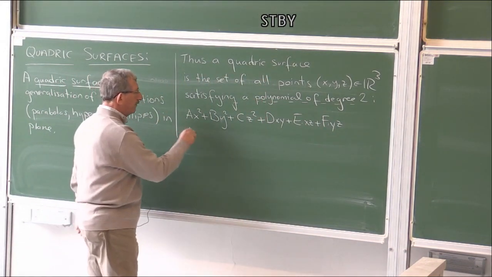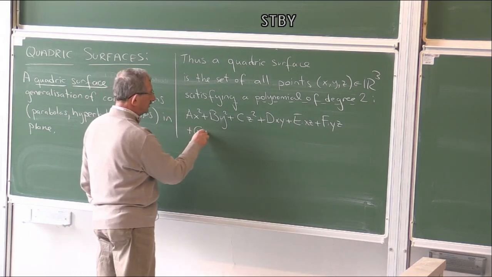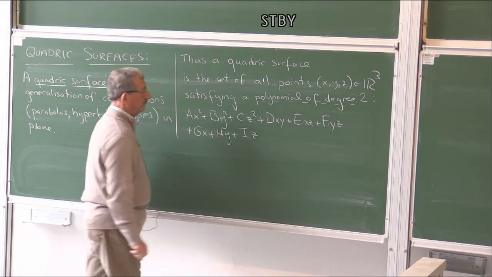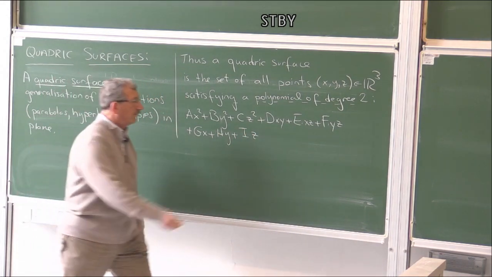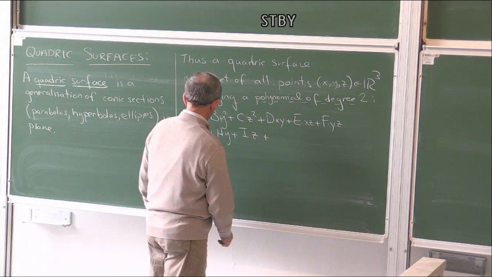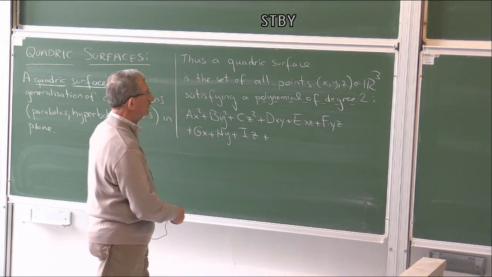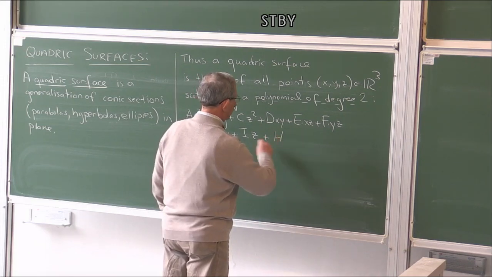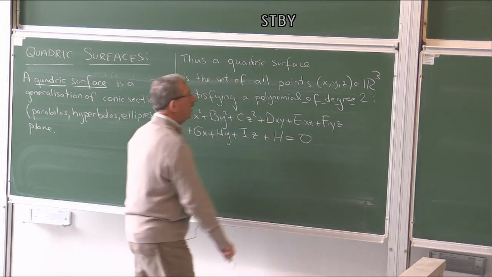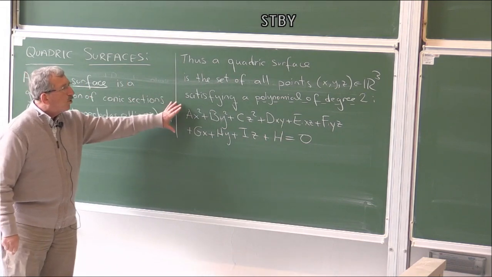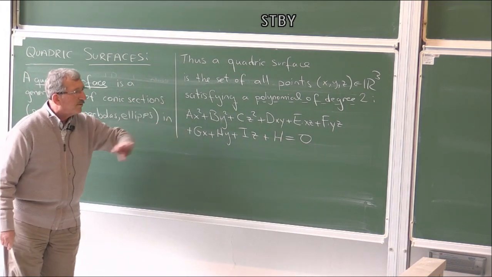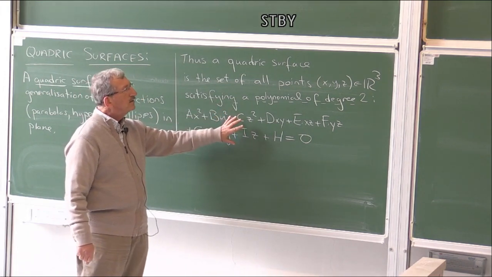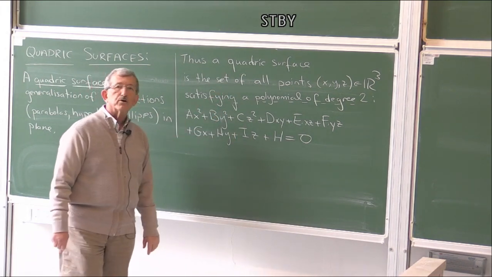And then you have the single terms, gx, hy, iz. And, of course, you can have a constant, so plus H is 0. So if you have such a polynomial of degree 2 in three variables, then the set of points satisfying it is called a quadric surface.